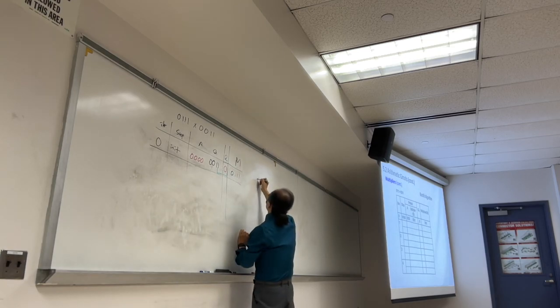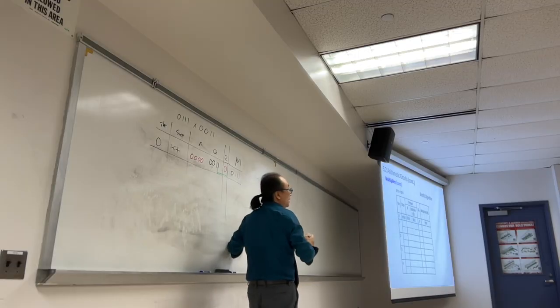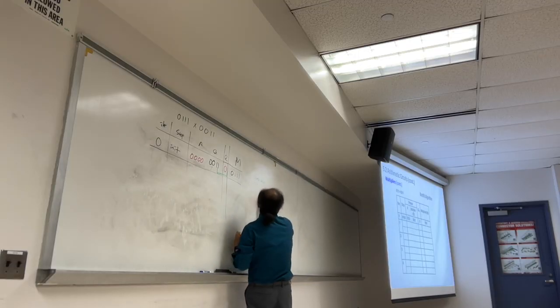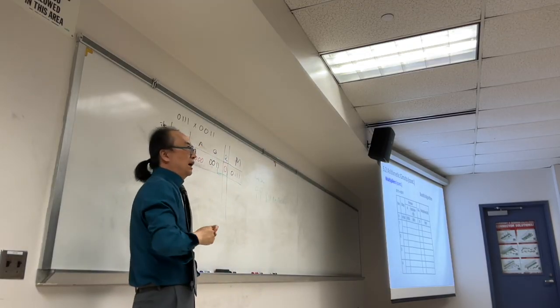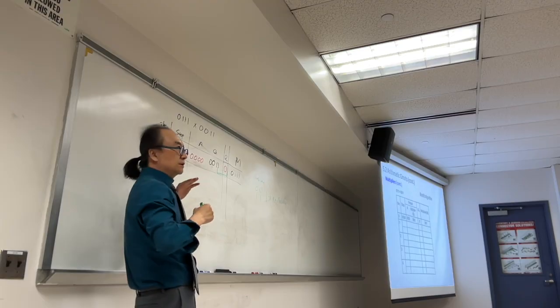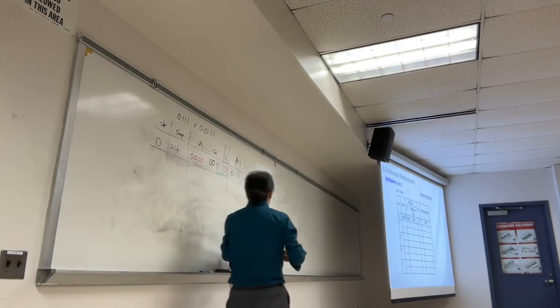So Q0 and Q negative 1 are 2 bits. If they are the same, 0, 0 or 1, 1, that's the no action case. Just copy down whatever the previous was. No action is required.